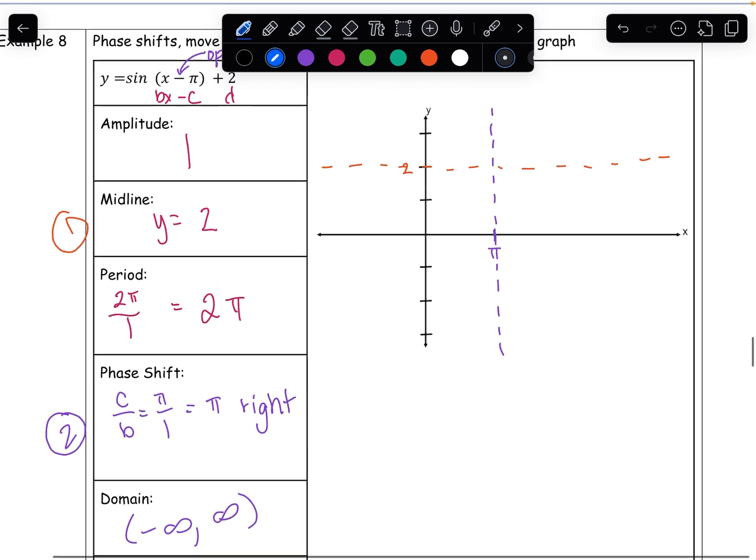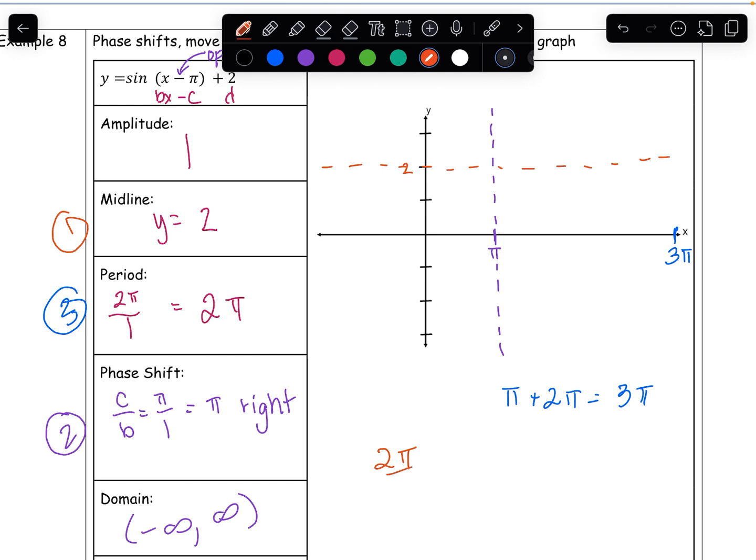From here, I'm going to take that phase shift and I'm going to add my period. So pi plus 2 pi gives me 3 pi. That's where I'm going to end. And so taking my period and dividing it by 4 gives me pi halves. So I'm adding pi halves each time.